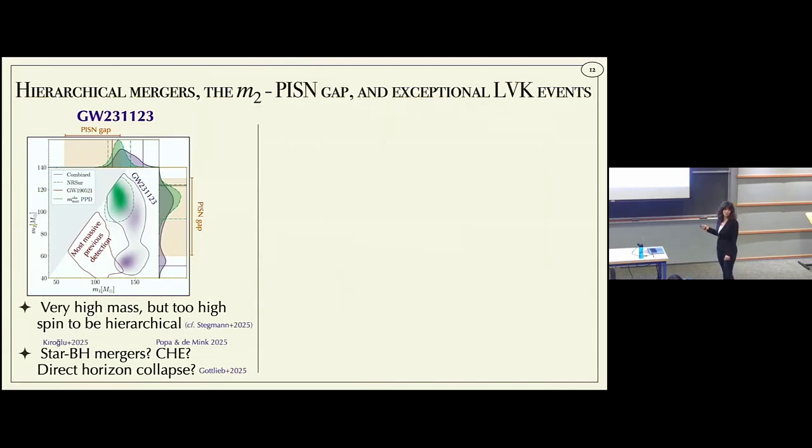This could be chemically homogeneous evolution, which Sylvia talked about earlier. I've also seen this paper, which I think Mathieu is on, by Gottlieb et al., talking about creating this through direct horizon collapse. There have been many other explanations for this, but none of the convincing ones really invoke the classical hierarchical formation scenario. Even this one requires isolated binary evolution plus hierarchical.